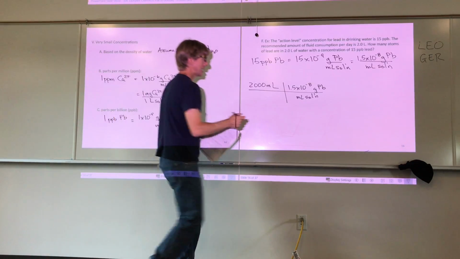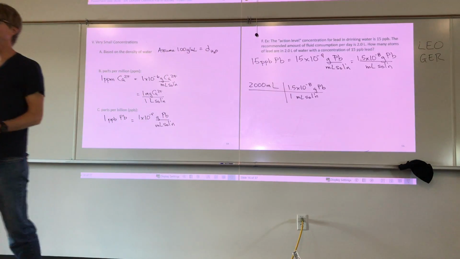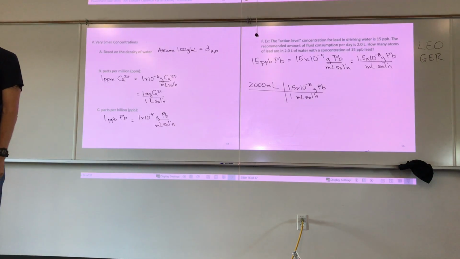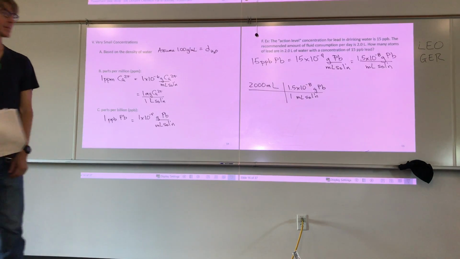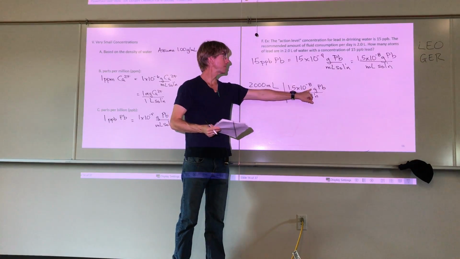I like to put 1s whenever I do my unit conversion factors. You don't have to, but I just thought I'd sneak that one in. My milliliters cancel, now I have grams.